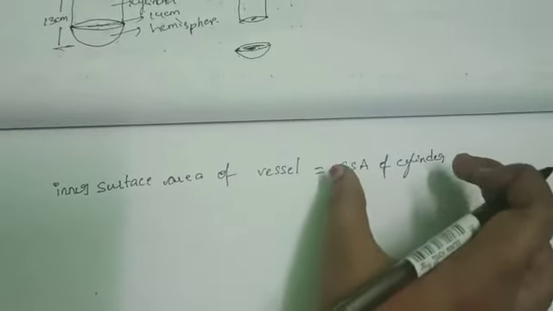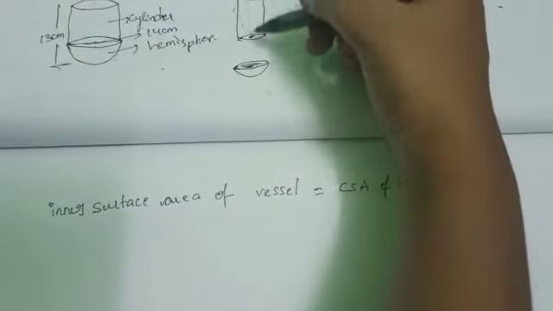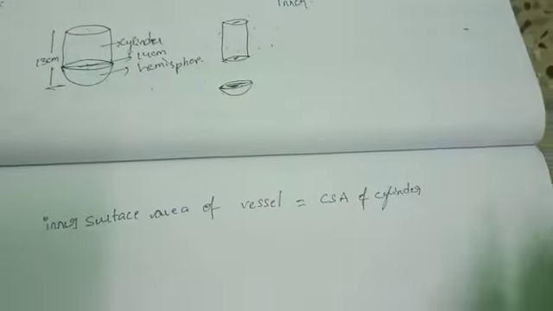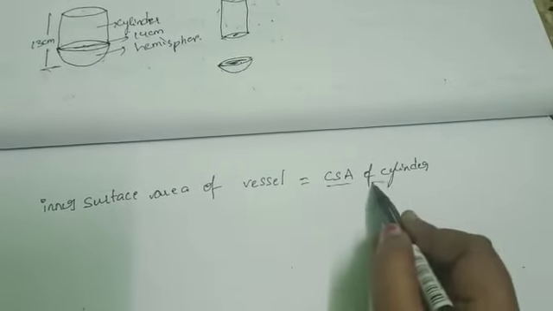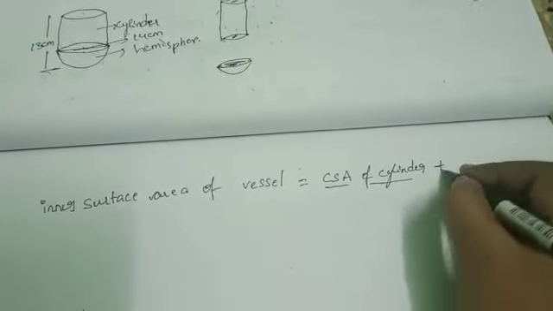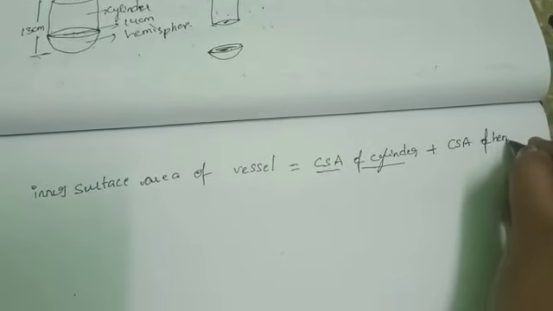Why only curved surface area? There is no top and bottom surface areas. Okay, so that's why we are taking only curved surface area of cylinder and curved surface area of hemisphere.